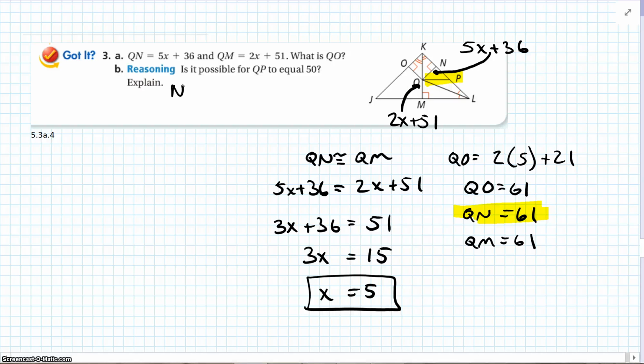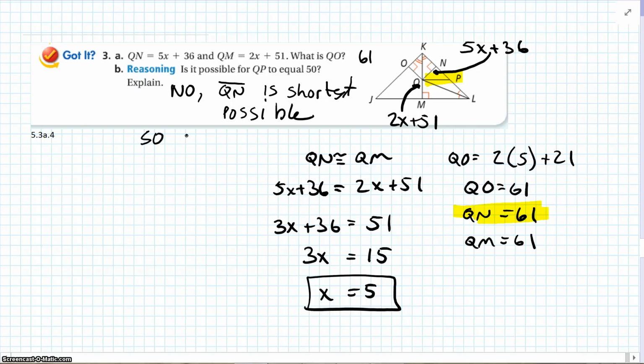So the answer would be no. And what is QO? We already said that is 61. And the answer is, is it possible for QP to equal 50? The answer is no, because QN is shortest possible. So QP must be greater than QN.